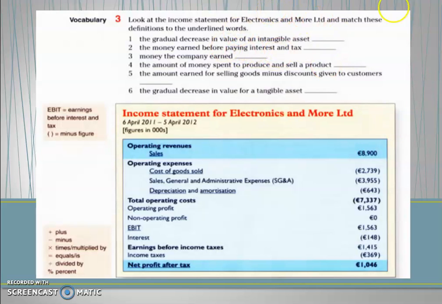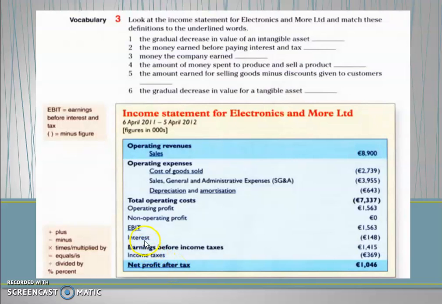First, you're going to look at the income statement for Electronics and More Limited and match these definitions to the underlined words. The underlined words here are cost of goods sold, depreciation, amortization, EBIT, and net profit after tax.